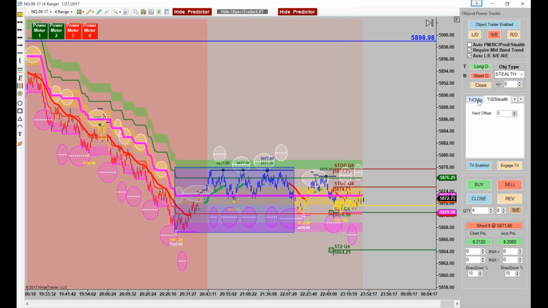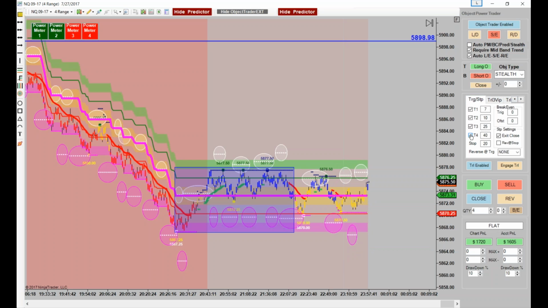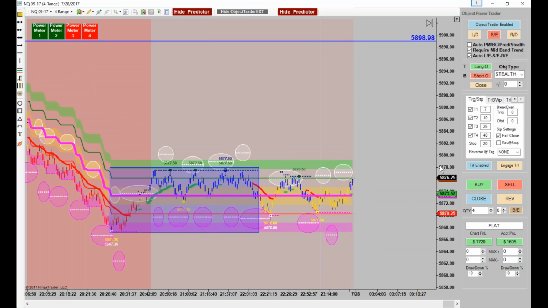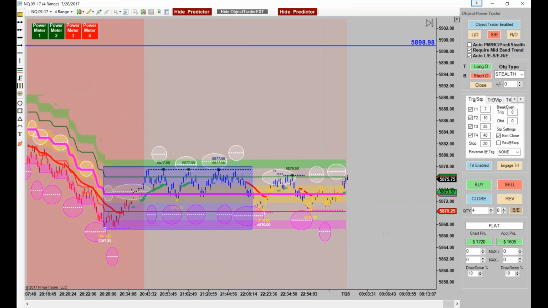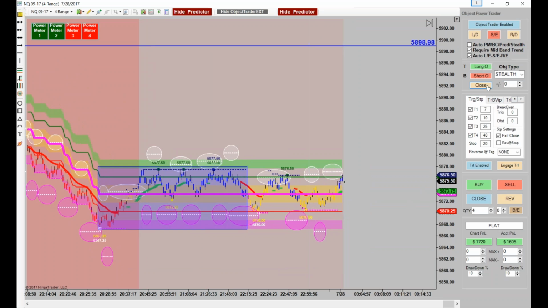Okay, let's go ahead and go back in stealth again. That one stopped us, no big deal. Let's see if we can get back in it. We're going to go just strictly with the shorts for right now because we've got midband short, right?